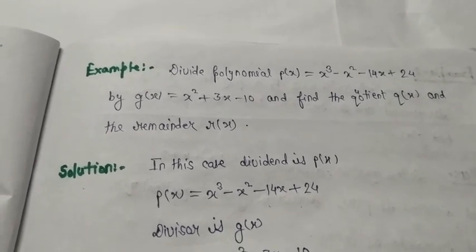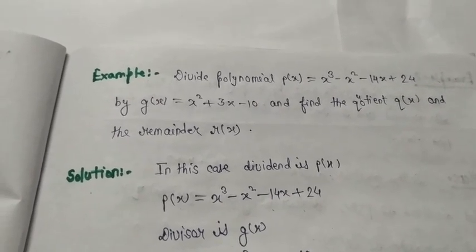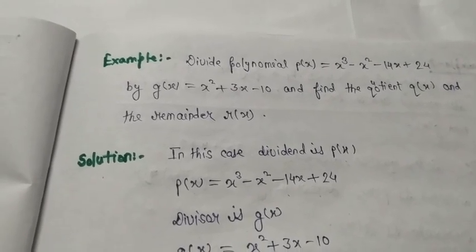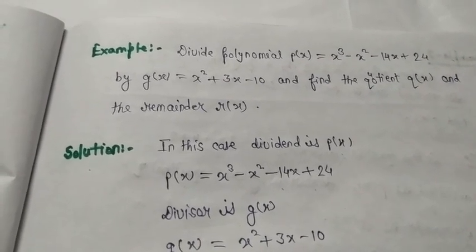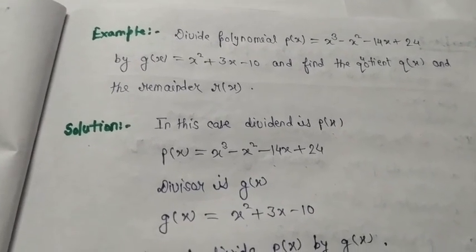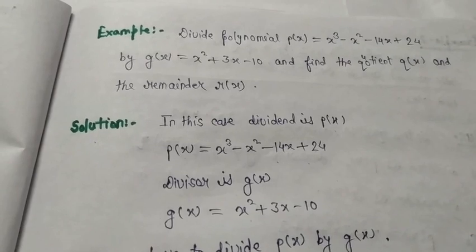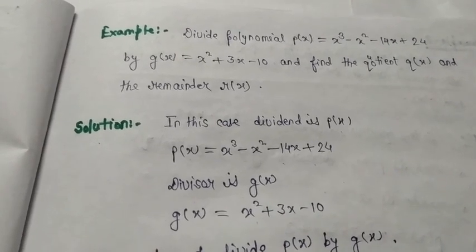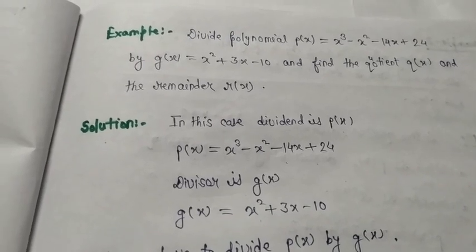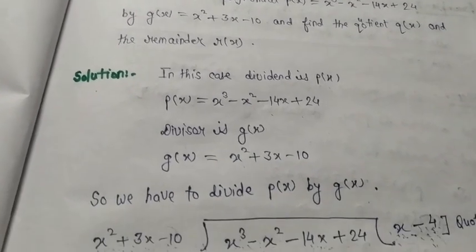In this case p(x) is divided by g(x), so p(x) is our dividend, that is x cube minus x square minus 14x plus 24. Similarly the divisor will be g(x), that is x square plus 3x minus 10. Now what we have to do is divide p(x) by g(x), and we know we will do it by the division process.